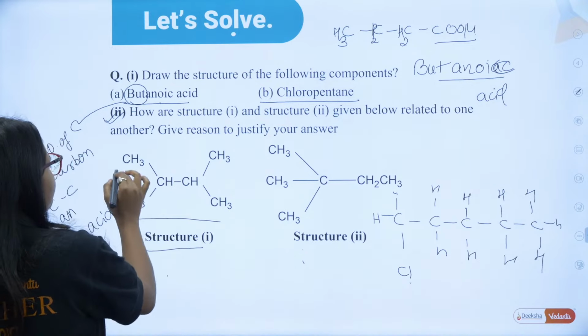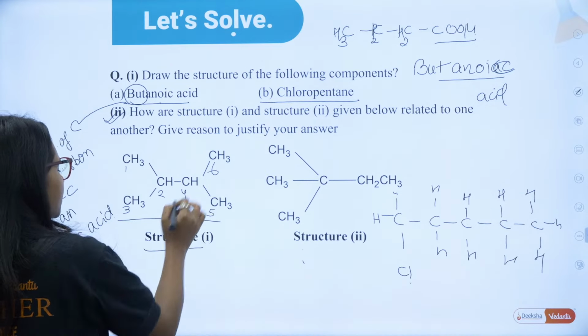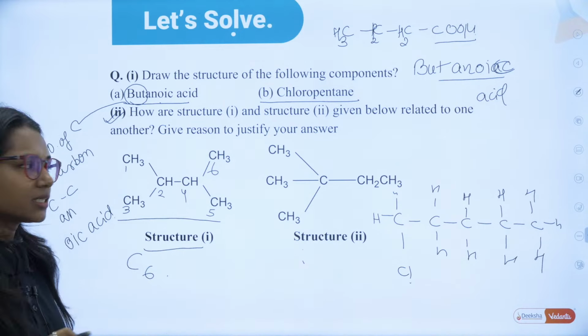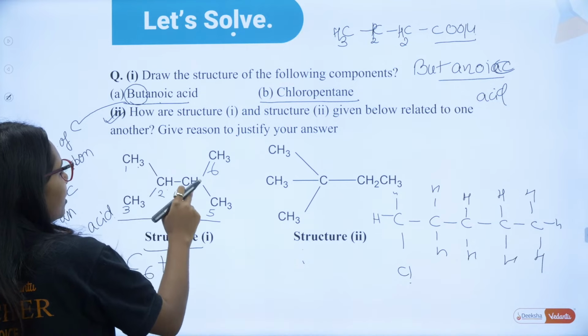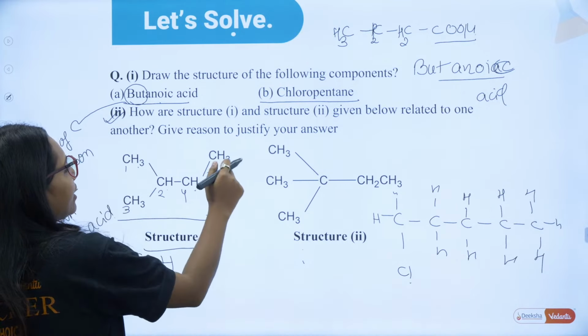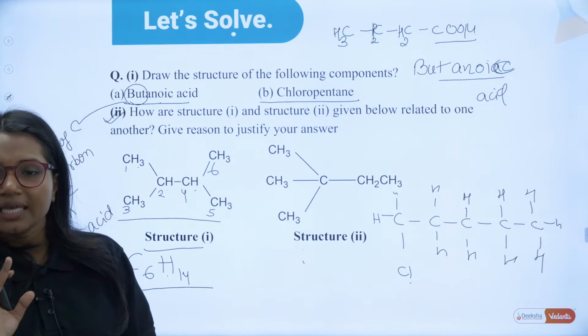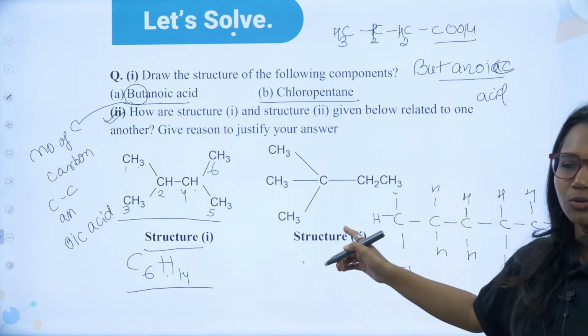In this compound, 1, 2, 3, 4, 5, 6, total there are 6 carbons. How many hydrogens? 14. So it is C6H14.